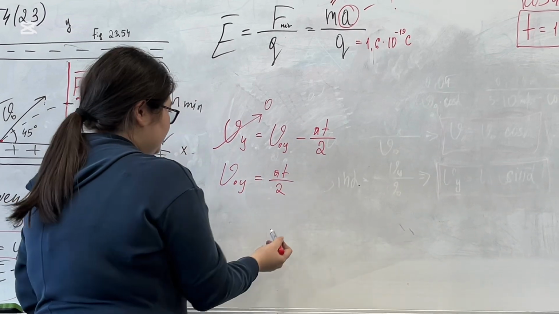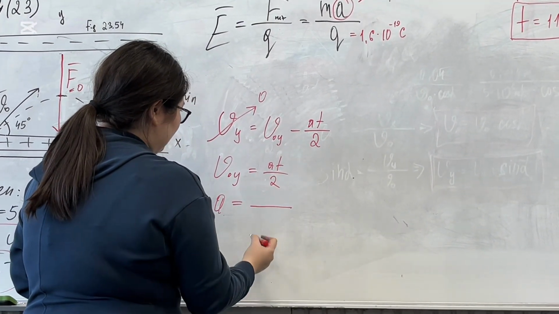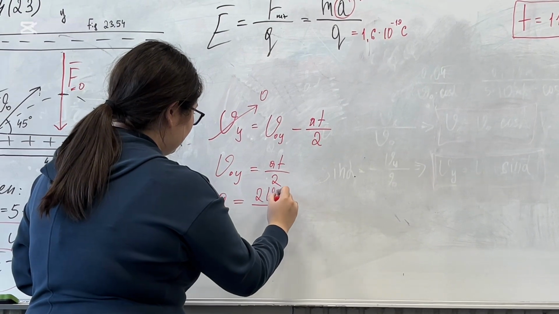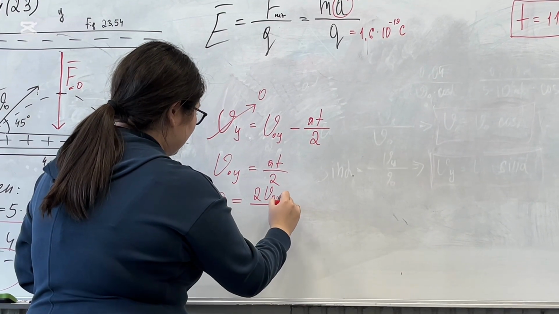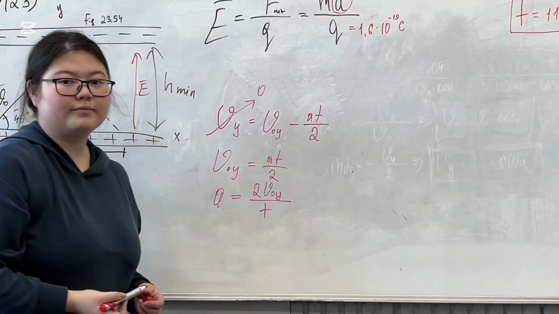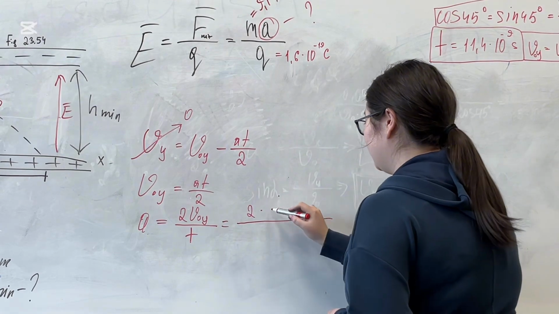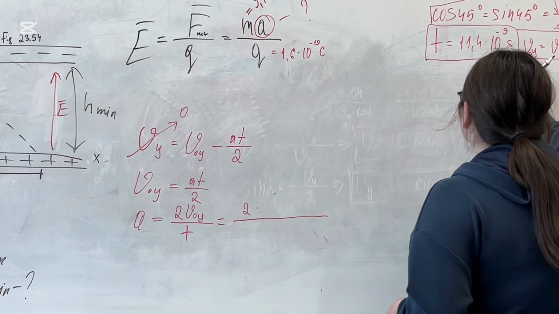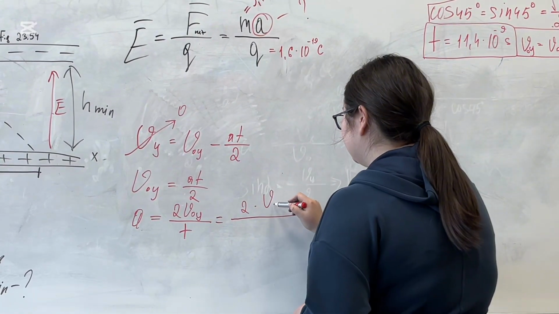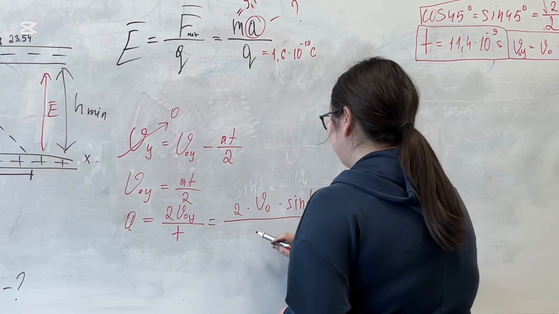So what do we need? We need to find acceleration. The acceleration formula is equal to 2 multiplied by V0y divided by t. Let's start the calculations. We know that V0y is equal to V0 multiplied by sine alpha, divided by t.